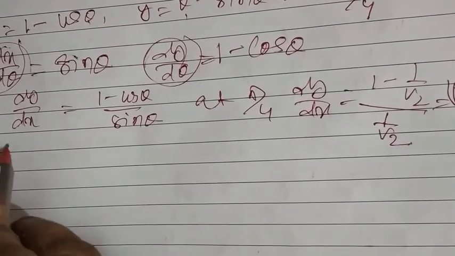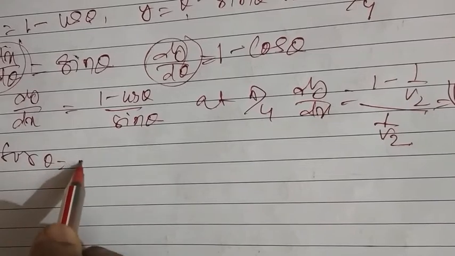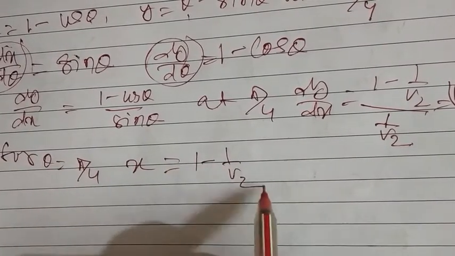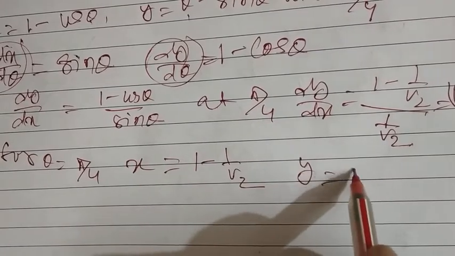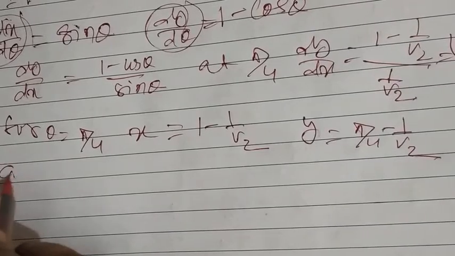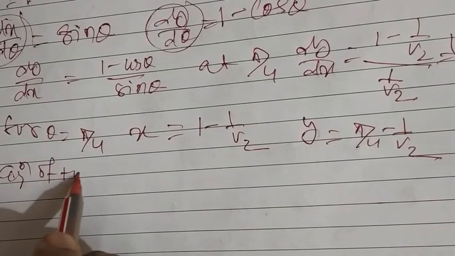Now for theta equal to pi by 4, what is x? 1 minus 1 by root 2. And y? Pi by 4 minus 1 by root 2. So what is the equation of the tangent?